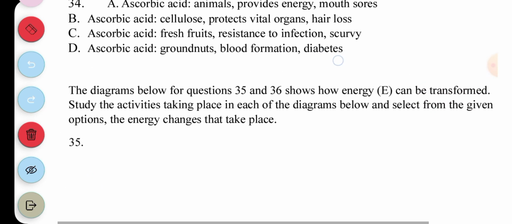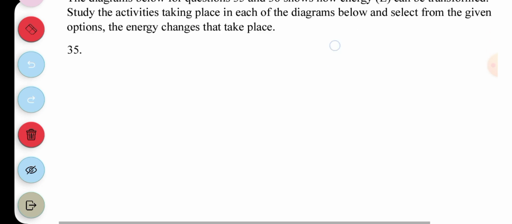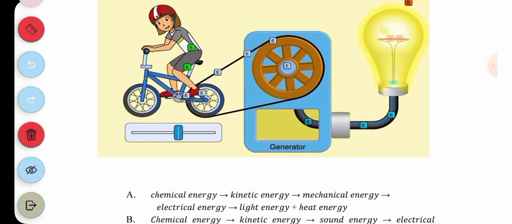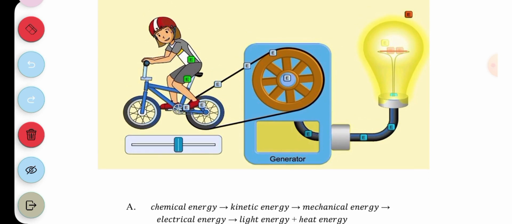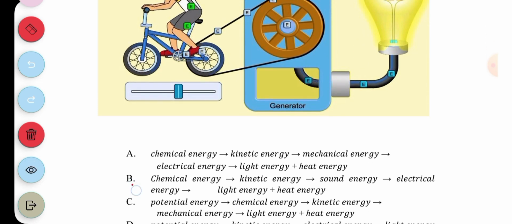The diagrams below for questions 35 and 36 show how energy can be transformed. Study the activities taking place in each of the diagrams and select from the given options the energy changes that take place. This is for question 35. The answer to question 35 is B. Because the person sitting on a bicycle has chemical energy to make the bicycle move.